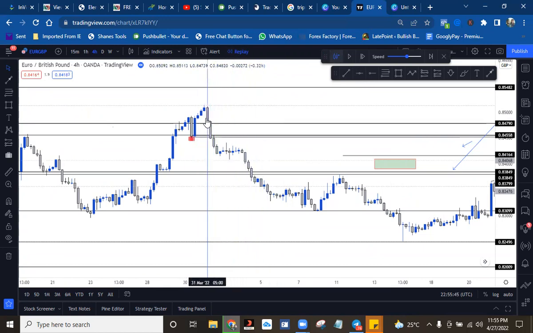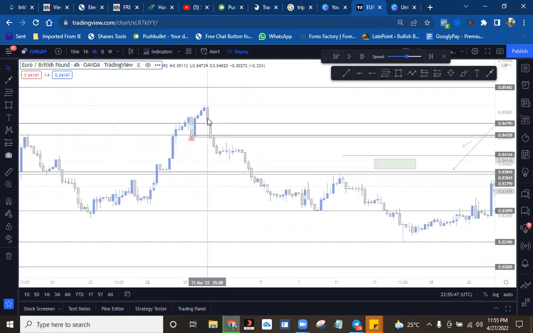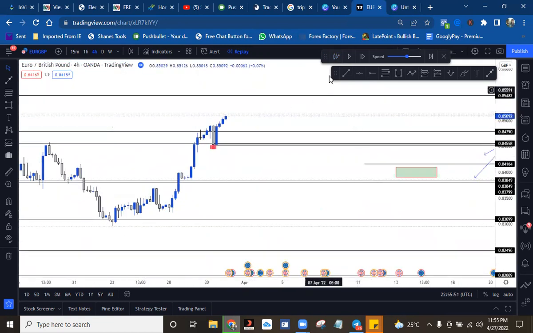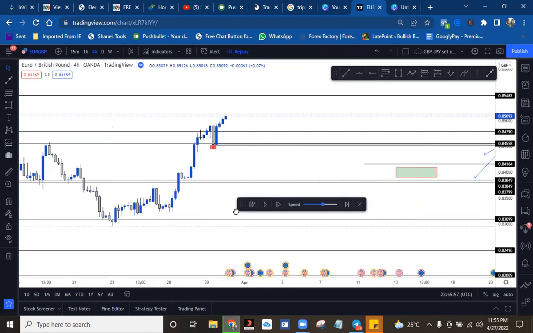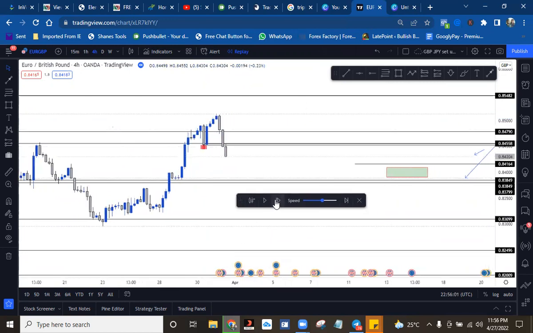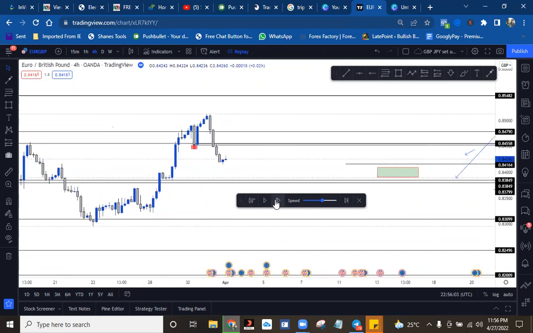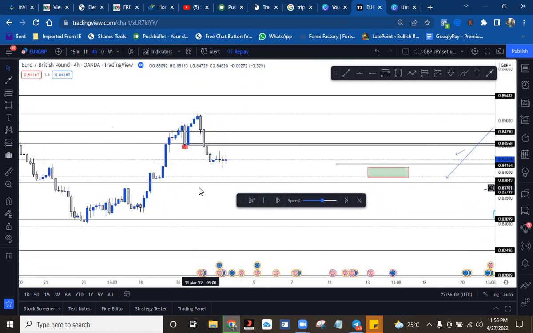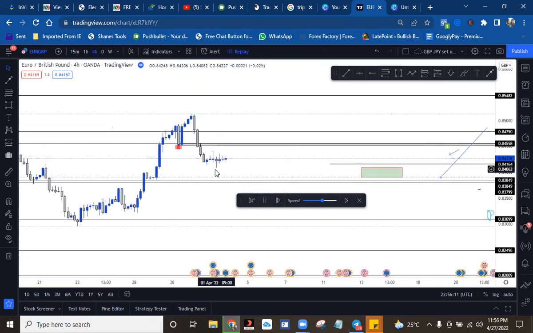So maybe I want to cut price all the way from here. Price will cut from here, and I can begin to set my strategy and then begin to test run it. For me to test run it, I'll just continue to click on play to see how price was playing according to my strategy. Okay. If you wanted to play by itself, you click on this one. It's going to be playing by itself.